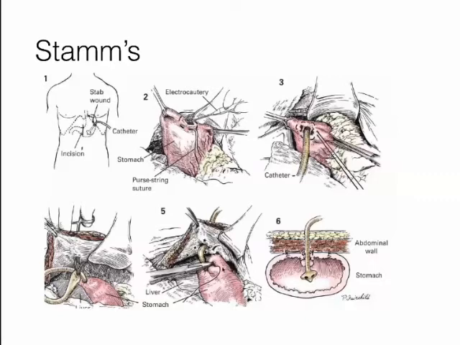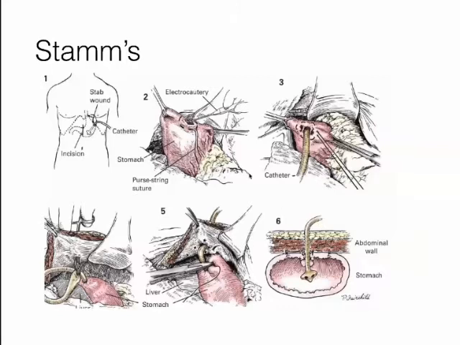Then you can fix the stomach wall to the anterior abdominal wall as shown in picture number 5. The stitch areas are also shown in that picture, and you will take multiple stay sutures over the abdomen and fix the anterior aspect of the body of the stomach to the left side of the abdominal wall, and you bring the Foley's tube out through a separate opening in the abdomen.